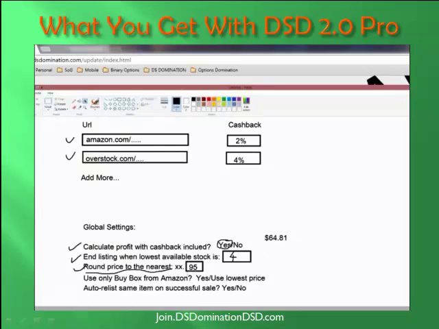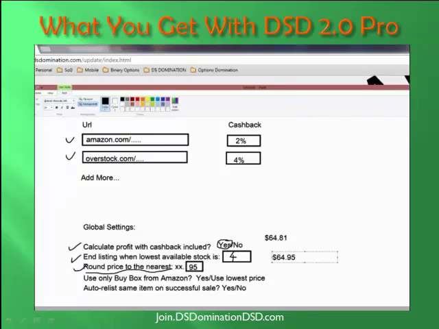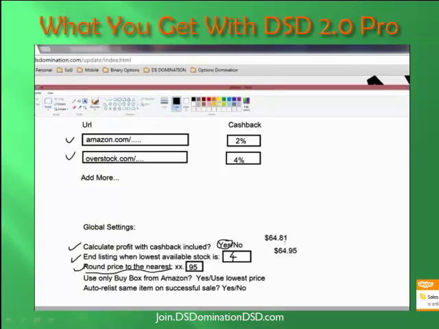If you have this set to round off to the nearest 95, it'll automatically readjust your price to $64.95. Which just gives you a few more cents, and whatever marketing price, I'm going to show you some videos on what marketing prices work best on eBay. You can adjust it to those different round prices.